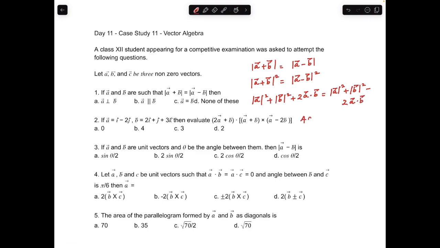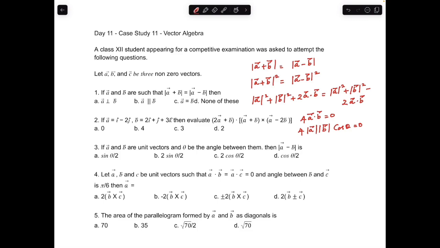We get 4 times A dot B is equal to 0, and this A dot B can be rewritten as magnitude of A magnitude of B cos theta is equal to 0. The question says A and B are non-zero vectors. That means A has some magnitude and B also has some magnitude.